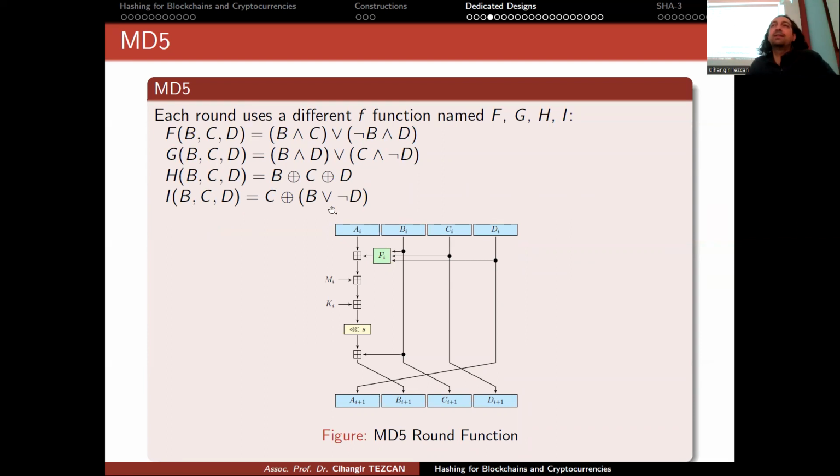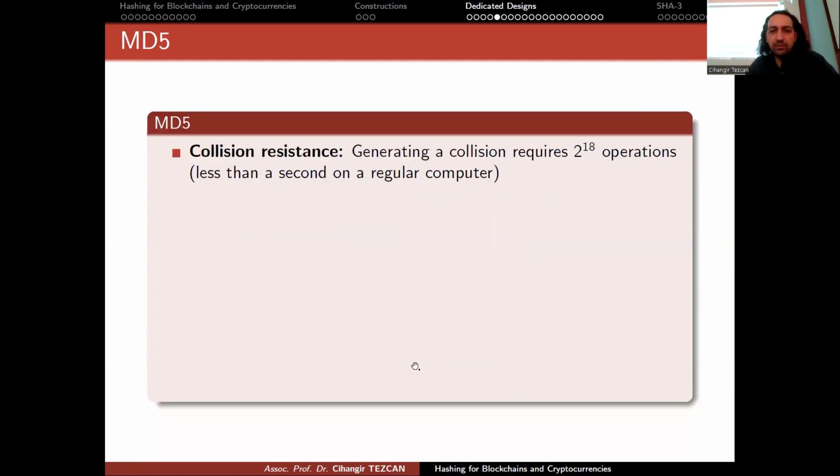As you can see, it is just logical operations like AND, OR, or XOR. So it is a very simple operation here. And again, finding a collision is really easy. Generating a collision requires 2 to the 18 operations. This is less than a second on a laptop.